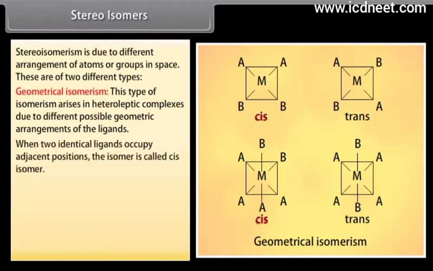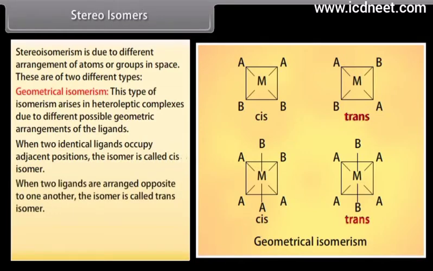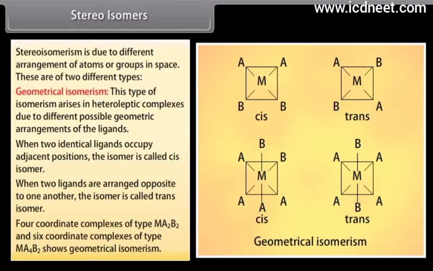When two identical ligands occupy adjacent positions, the isomer is called cis-isomer. When two ligands are arranged opposite to one another, the isomer is called trans-isomer. Four coordinate complexes of type Ma2b2 and six coordinate complexes of type Ma4b2 show geometrical isomerism.